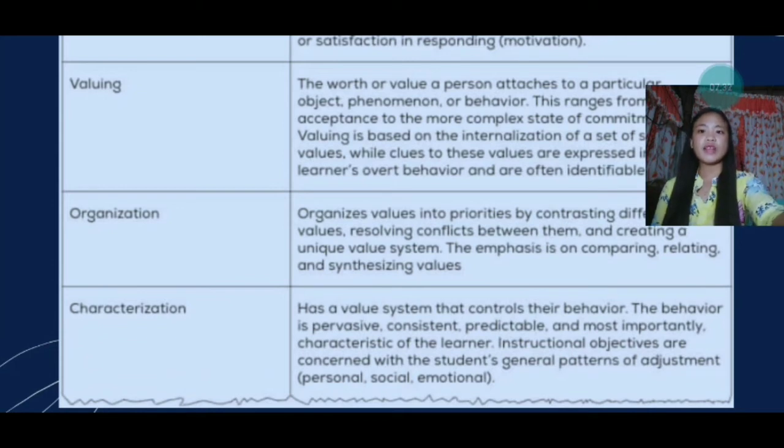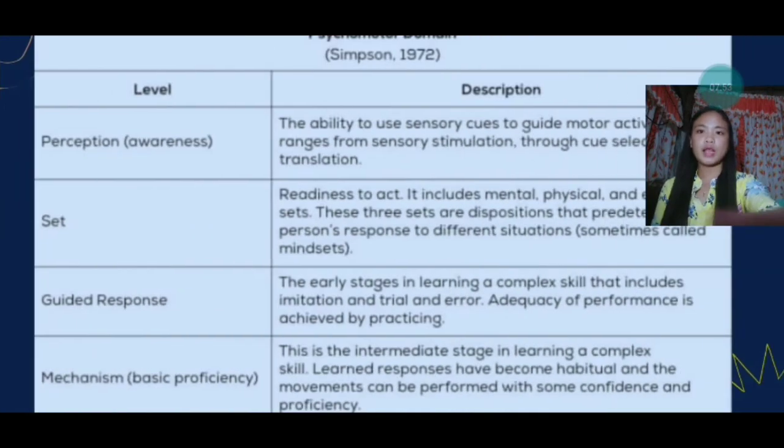It has a value system that controls their behavior. The behavior is pervasive, consistent, predictable, and most importantly, characteristic of the learner. Instructional objectives are concerned with the student's general patterns of adjustments, personal, social, and emotional.